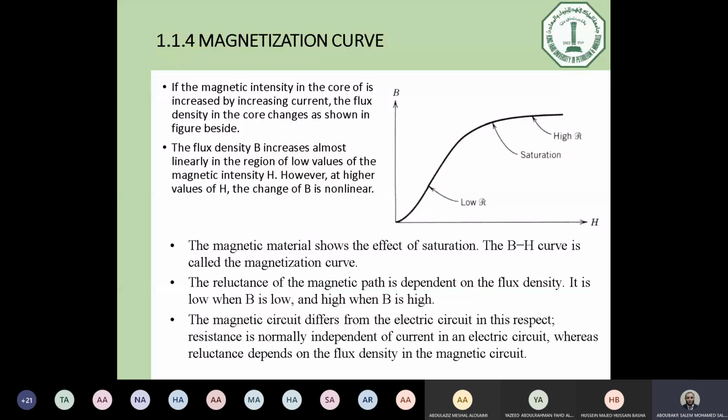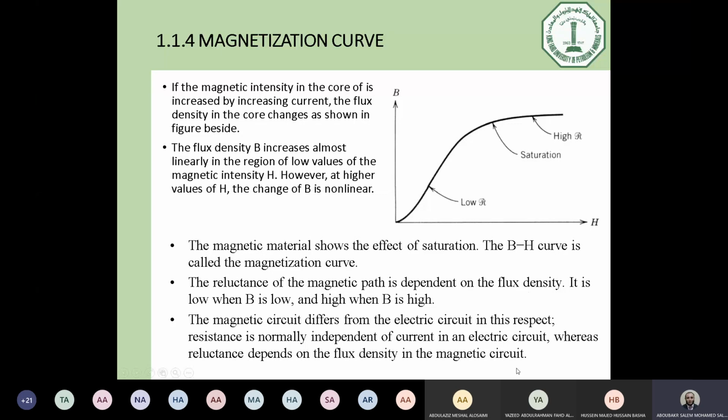In the magnetization curves of electrical systems, for any kind of machine, we will have something called the magnetization curve. This is nothing but the relation between B and H, which will be reflected as a relation between V and I, or EMF and I, in any magnetic core, machine or transformer.